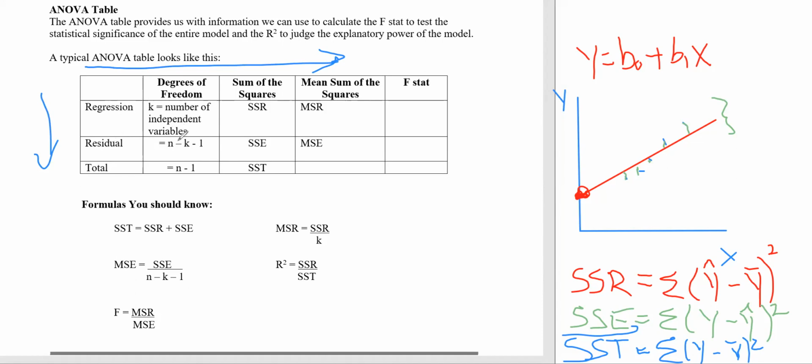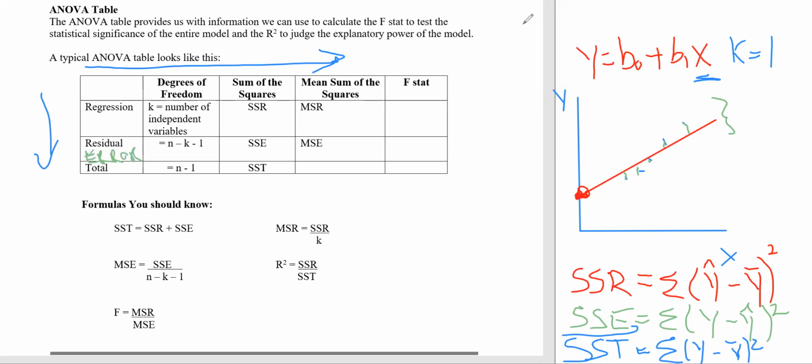What you need to know is the degrees of freedom in the regression is just equal to K, and K is the number of independent variables. How many independent variables do we have? We just simply have 1. K is equal to 1. In the residual, this is also known as the error term, so make sure that you know that, error.